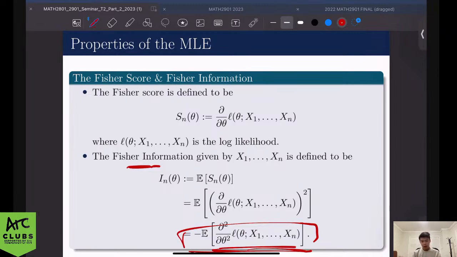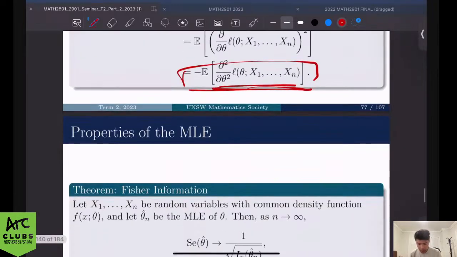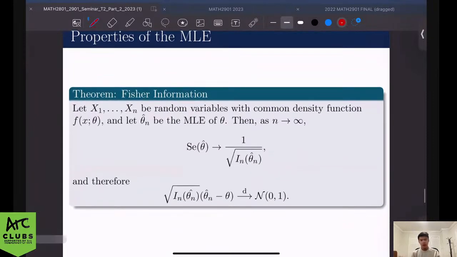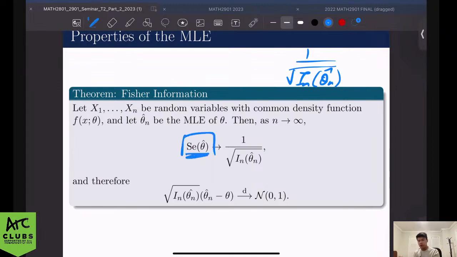We'll go through an example, but the Fisher information is important because if you take 1 divided by the square root of the Fisher information, that gives you the standard error of the MLE. So as you go towards infinity, the standard deviation of the MLE can be calculated from this number.